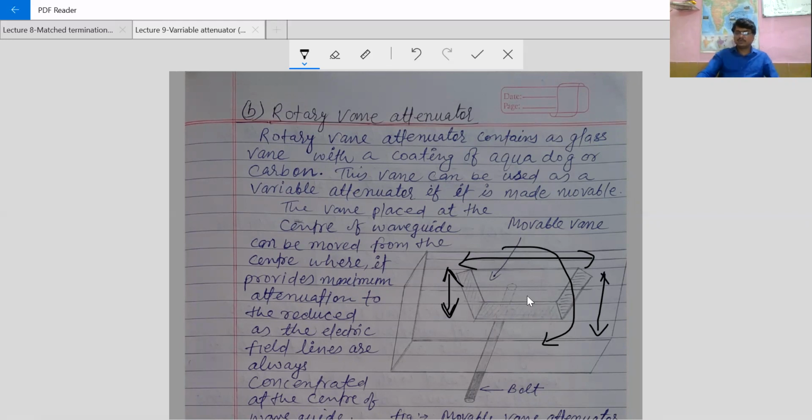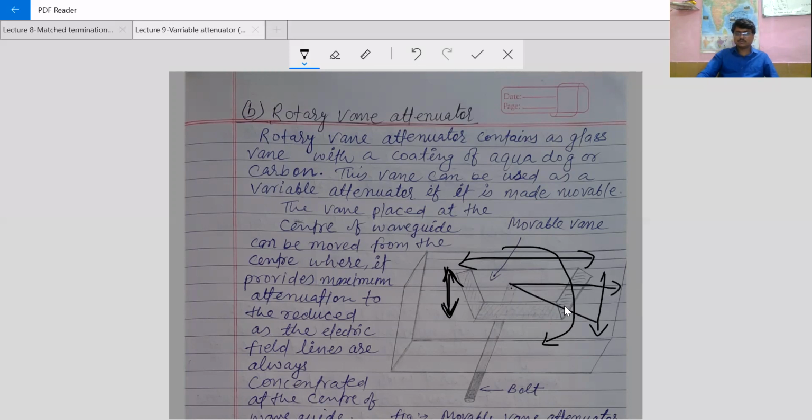So it will depend at which angle this is placed. The least attenuation will be when theta is equal to 0. When theta is equal to 0, this width is very small, so attenuation will be very small. And as theta increases, the attenuation increases.